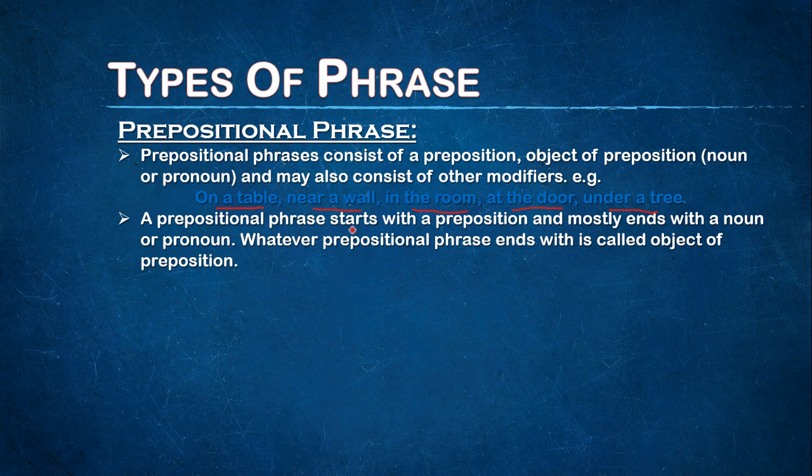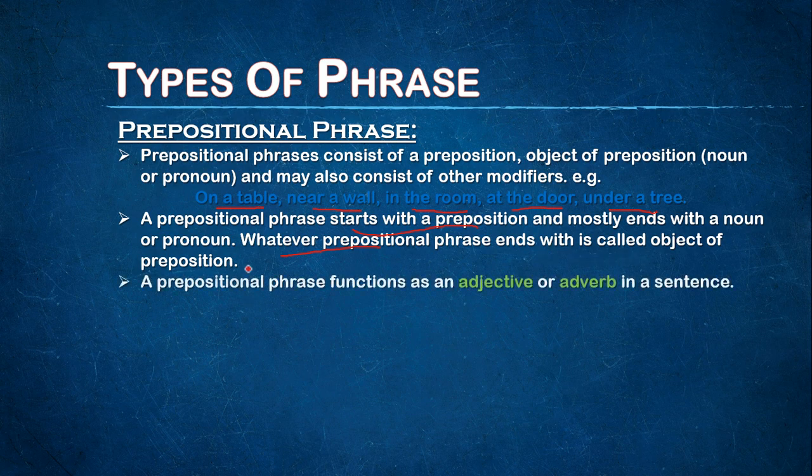A prepositional phrase starts with a preposition and mostly ends with a noun or pronoun. Whatever the prepositional phrase ends with is called the object of the preposition. A prepositional phrase functions as an adjective or adverb in a sentence. This is a very important point that it acts as an adjective or adverb in a sentence.